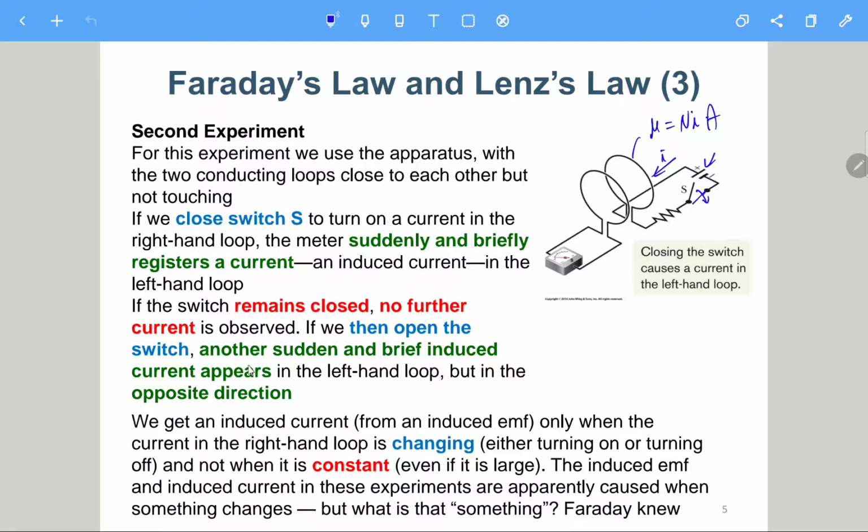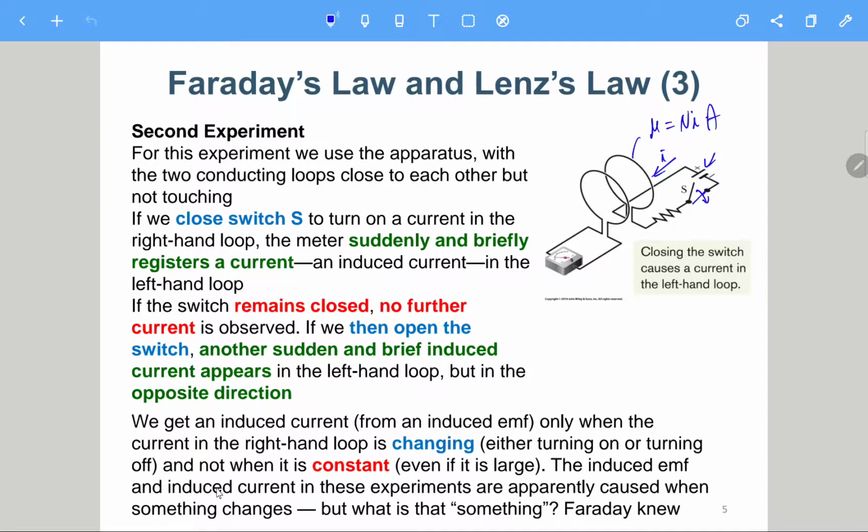This is a similar case. So we get an induced current only when the current in the right hand loop is changing, either turning on or turning off, and not when it is constant, which means keeping the switch on or keeping it off, then there will be no induced current.